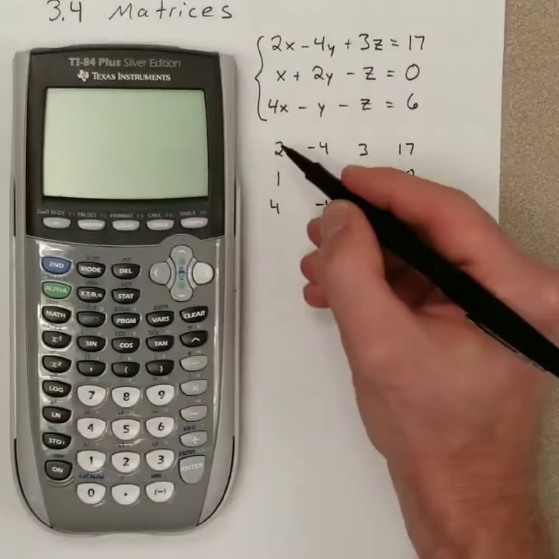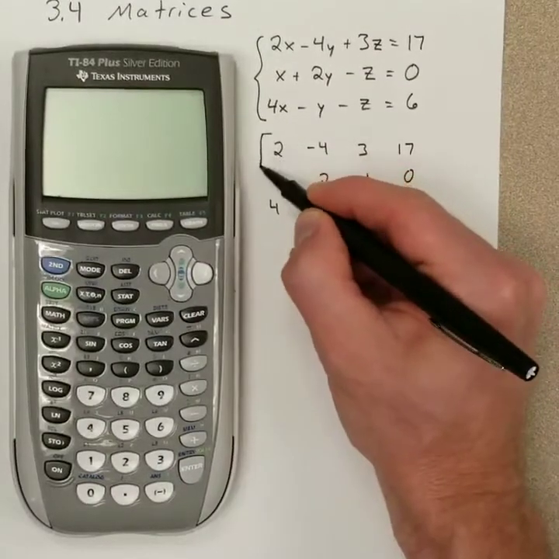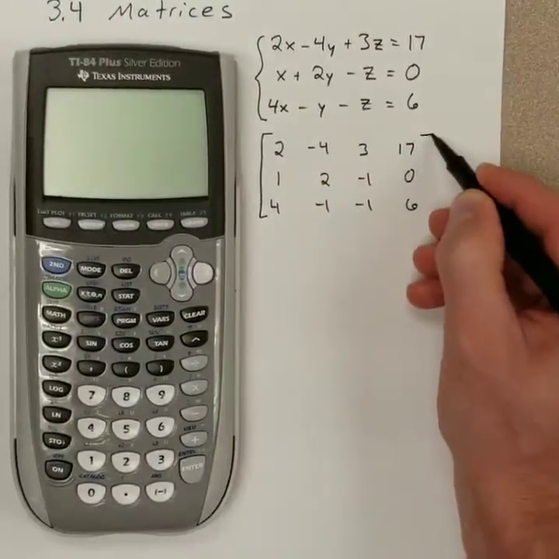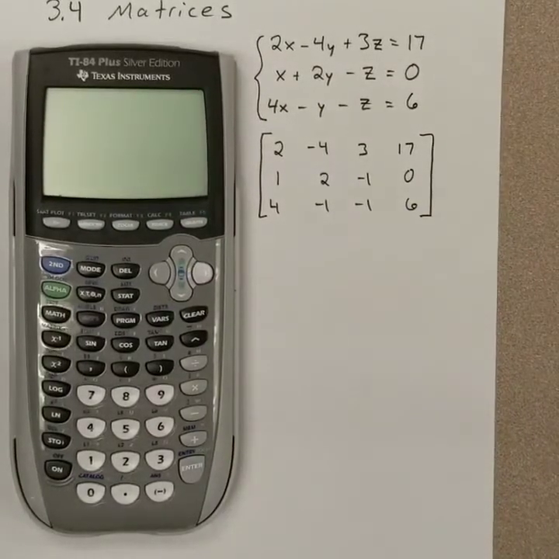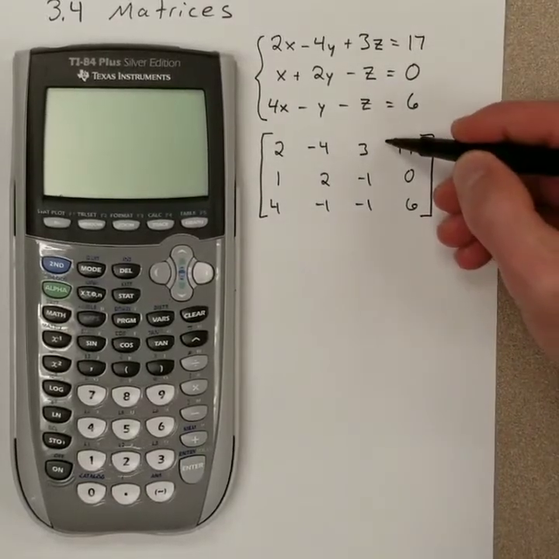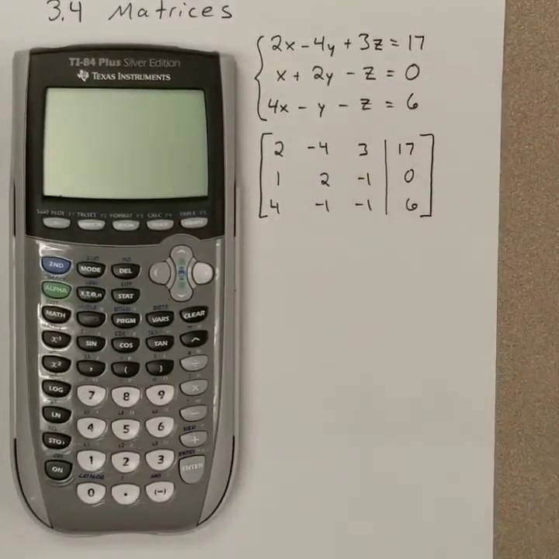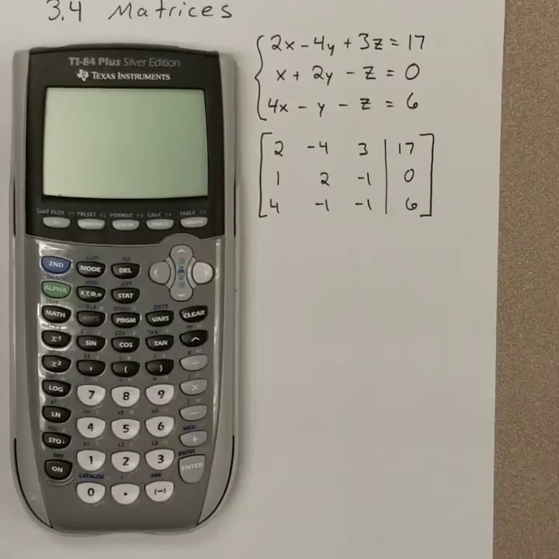In a matrix, we typically put a bracket on either side to group it together. And where the equal signs are, we usually put a vertical line to separate the left side of the equations from the right side. This is something we call an augmented matrix. It is a matrix that represents a system of equations.